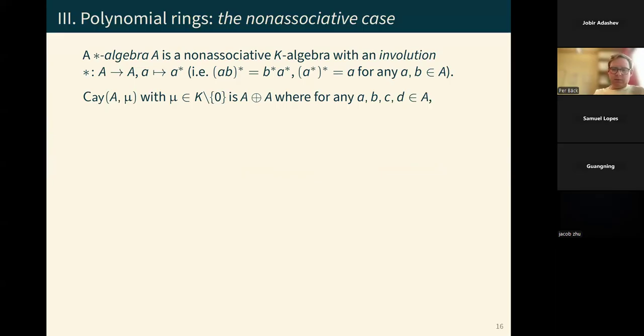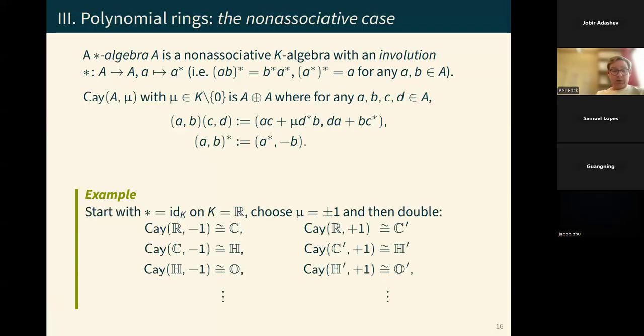And it has this really strange product, I would say. It's defined like this, looking completely arbitrary with letters just thrown in. And you can also extend the involution in this particular way to the Cayley-Dickson double. So even though this algebra seems really strangely defined, it gives you nice algebras, right?